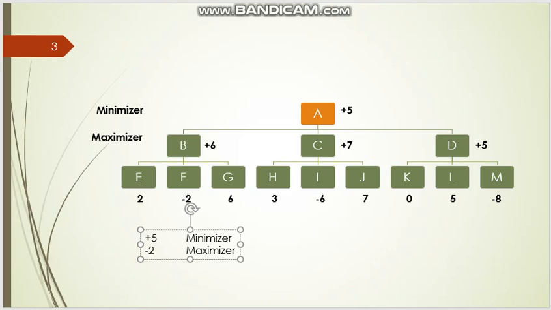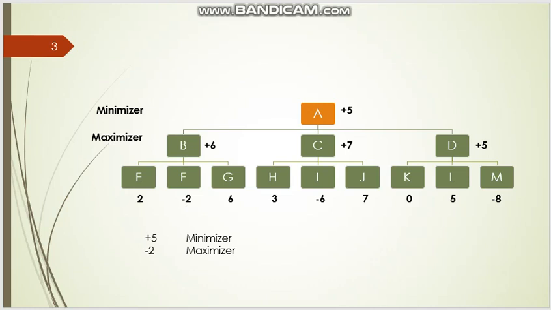So here we can say that for the alpha and beta pruning of this particular game, the alpha may be plus 5 and the beta may be minus 2. Why? Because minus 2 is the value chosen by the maximizer if it is player 1.